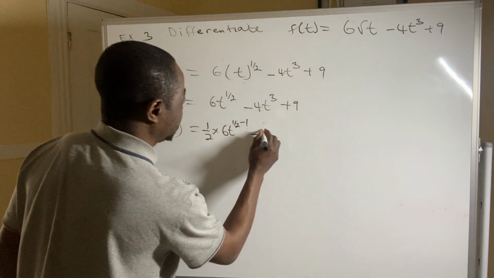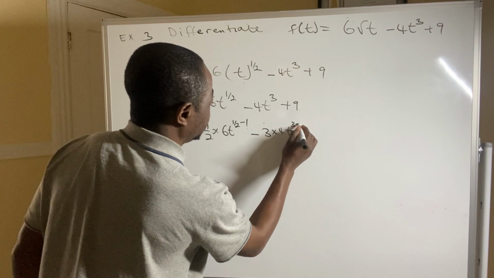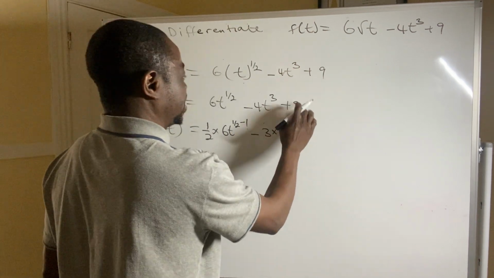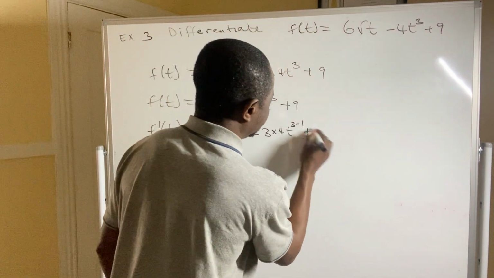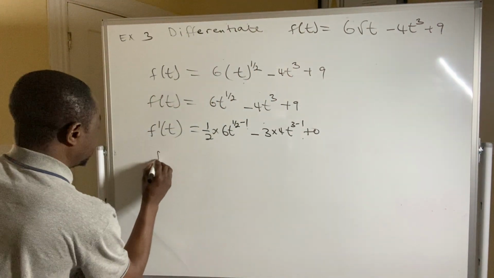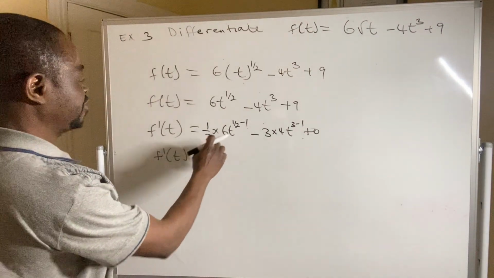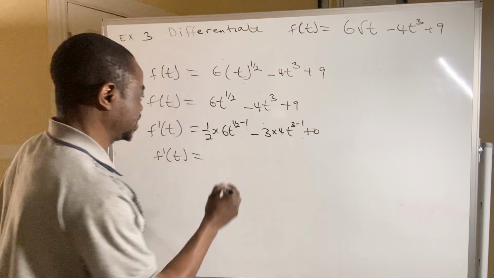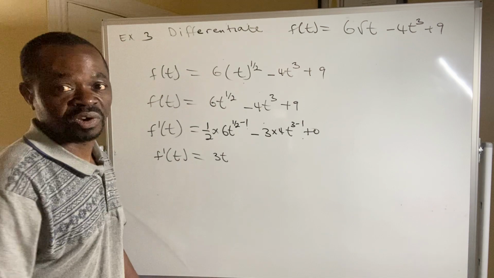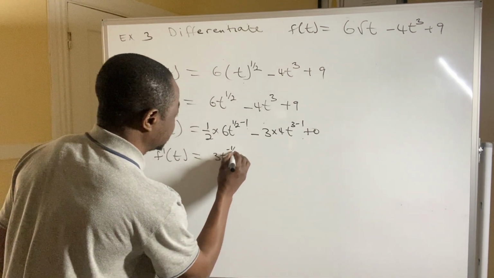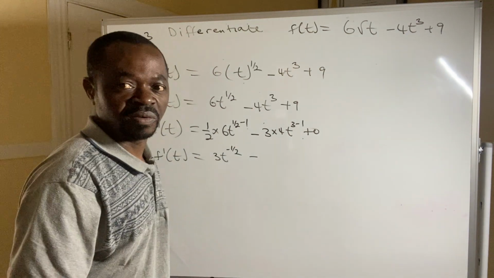Bring down this 3 by 4, t raised to the power 3, reduce the power by 1. When you differentiate 9, it's a constant, so we just write 0. So I have f prime of t giving us half by 6, that is 3. So you get 3t raised to the power half minus 1, which gives us minus half. Then this is minus 3 by 4, which will give us 12.